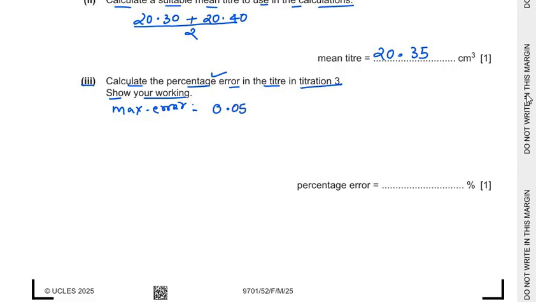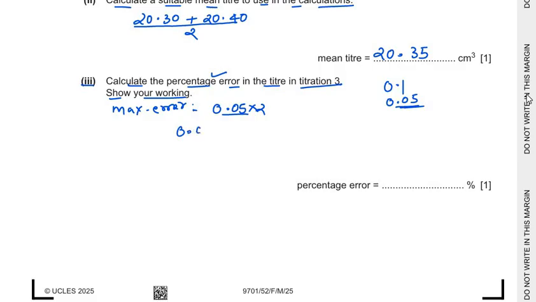Because the minimum reading in the burette is 0.1, so 0.05 is something which our burette cannot read for us. So the maximum error in a burette reading is 0.05, but we are using the burette reading twice. Why? Because we use the initial reading and the final reading from the burette.